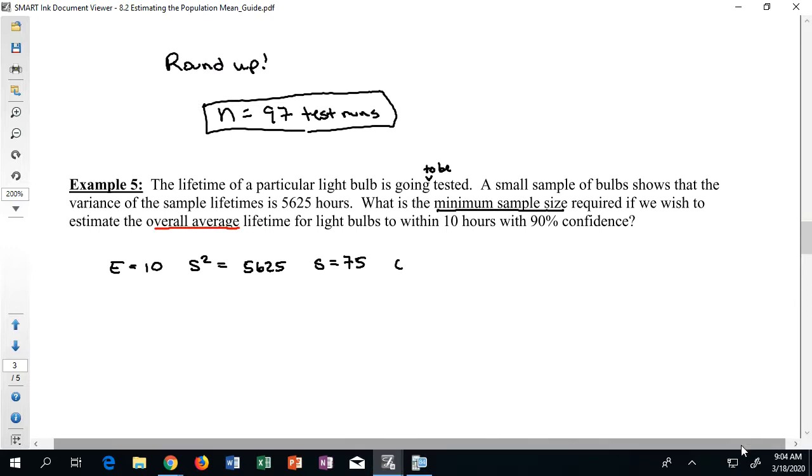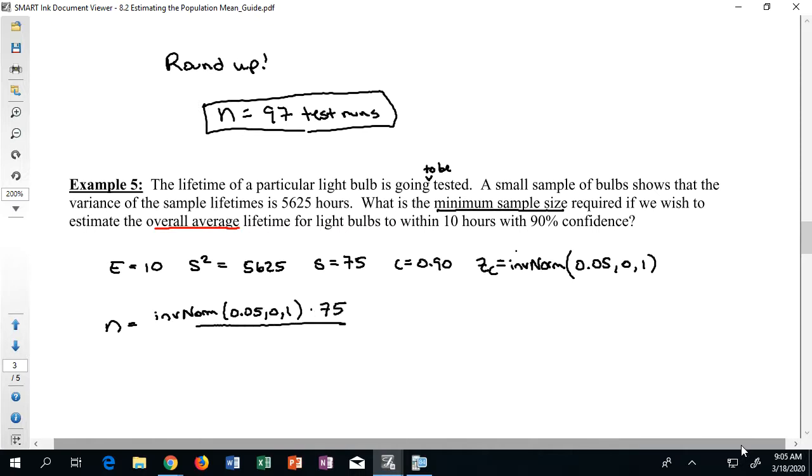Then I also have my level of confidence, which is 90%. And my ZC then is an inverse norm. If I plug everything in here, I should simplify down to 5%. And so then I get the following setup. This inverse norm times 75, divide by 10, and square the whole result.